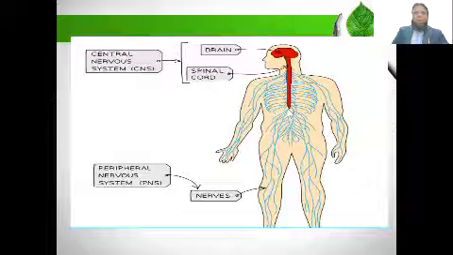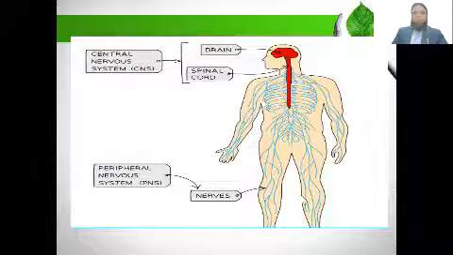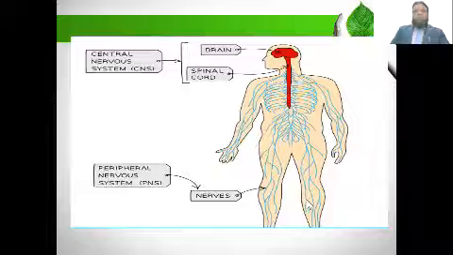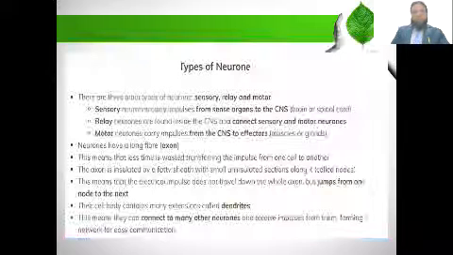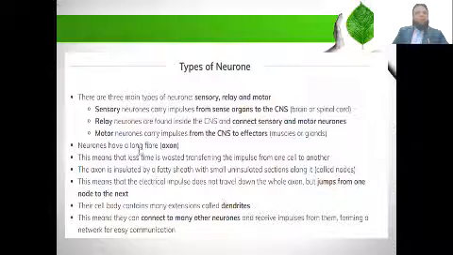And around this spinal cord, different nerves are there. You can see in the whole body there are different nerves. So these nerves make the peripheral nervous system. There are three main types of neurons: sensory, relay, and motor neurons.